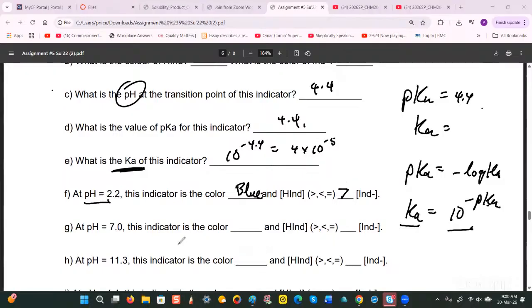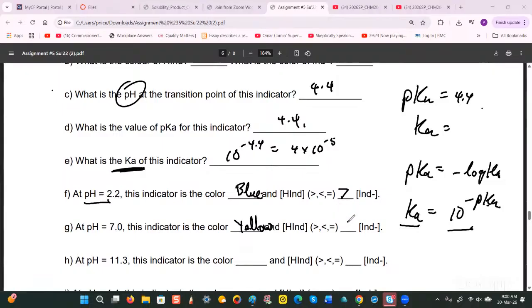All right. At pH 7.0, what's the color of the indicator? Yellow. And is the concentration of HIND greater than, less than, or equal to the concentration of IND minus?